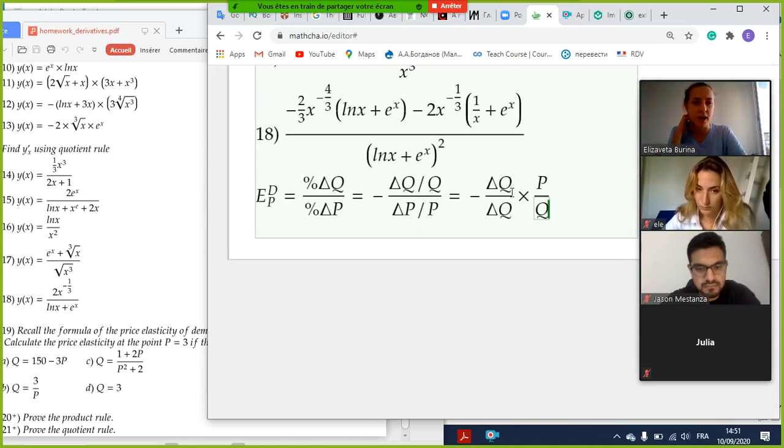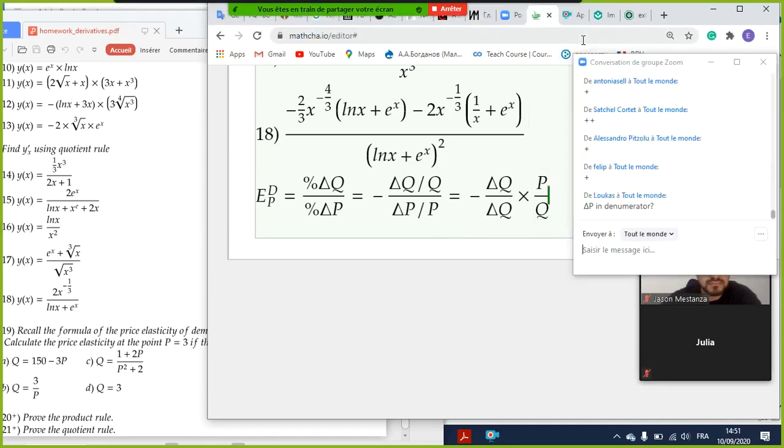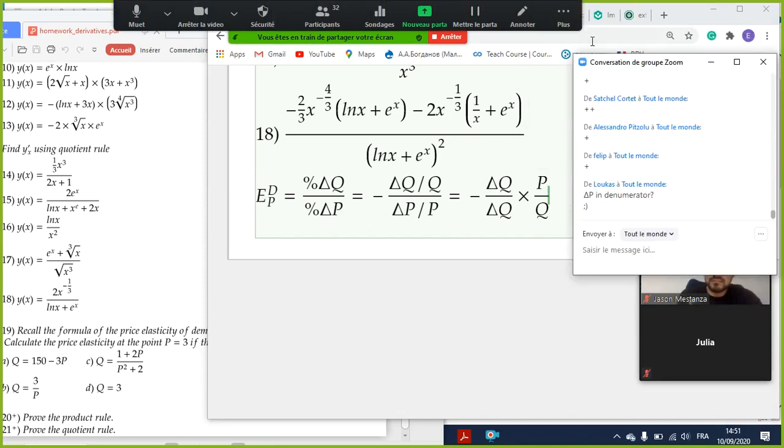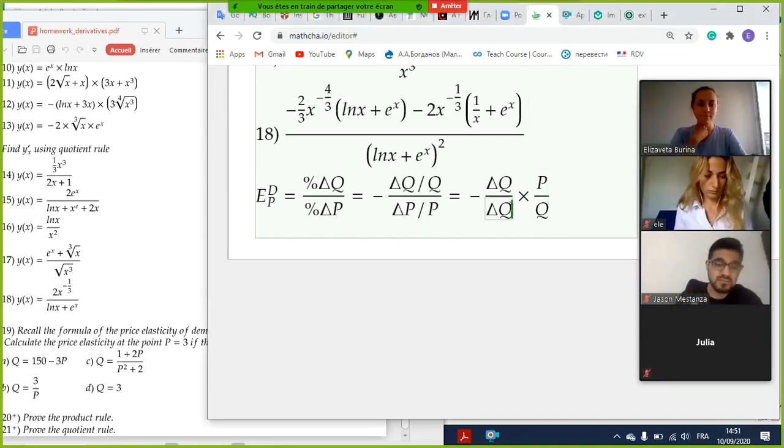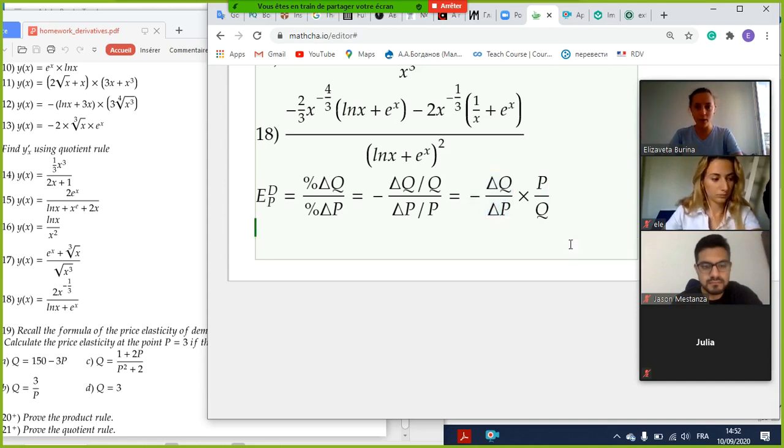Well, we just know how to deal with fractions and divide one by another one. Perfect. So now what we're supposed to see is that this part is just the derivative of our demand, right? So this, with the minus, will be the derivative. Perfect then.